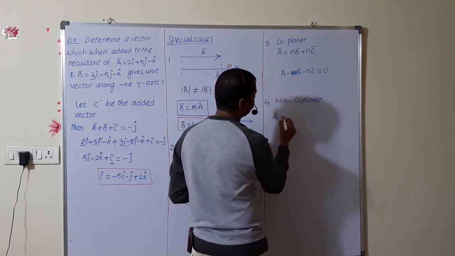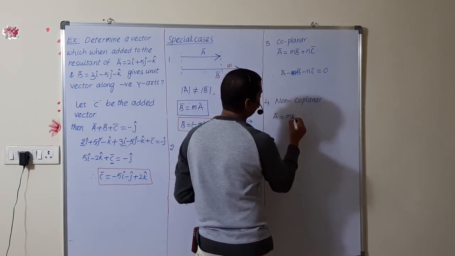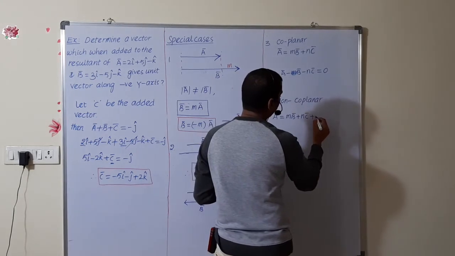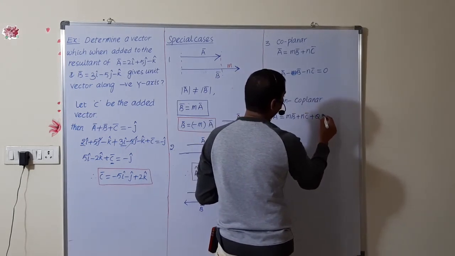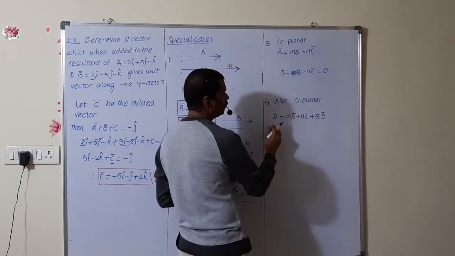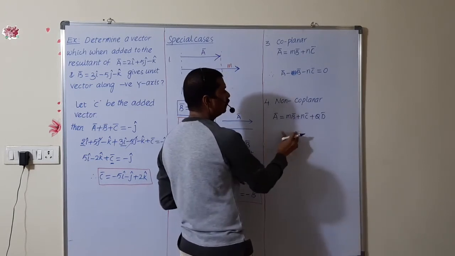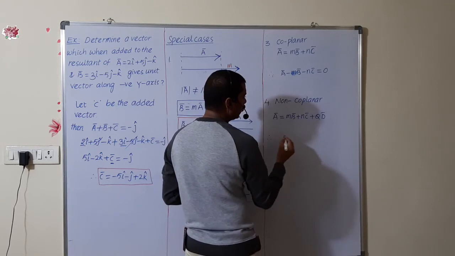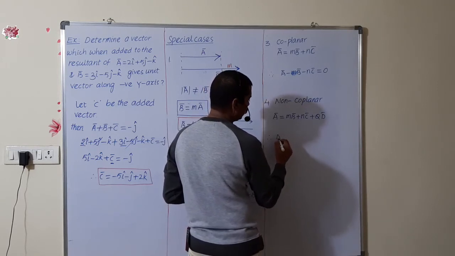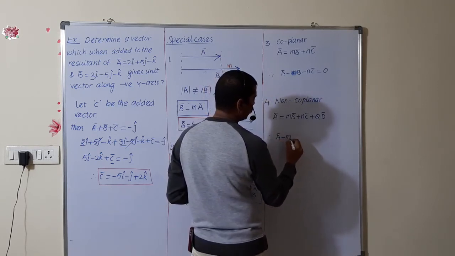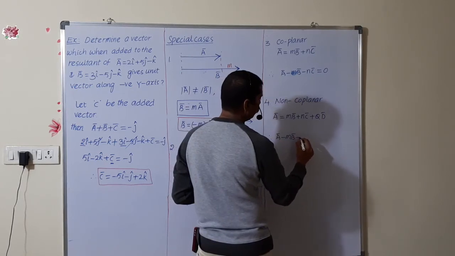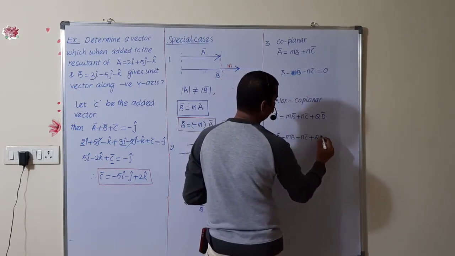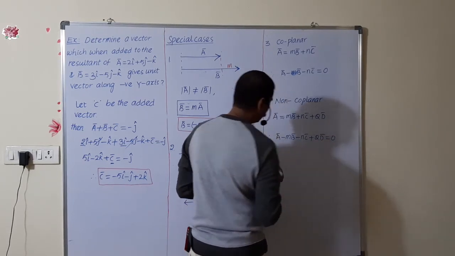Now A vector is equal to M times B vector plus N times C vector plus Q times D vector. Okay, the resultant is like that. I want to make the resultant 0. In that case we can write it as A vector minus M B vector minus N C vector minus Q D vector is equal to 0.